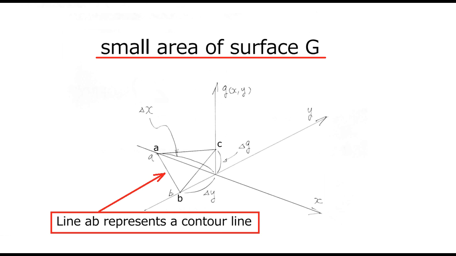If the area of the contact point for surface g is magnified, we get a slope ABC, for example, as shown in this figure. In this figure, line AB represents a contour line.